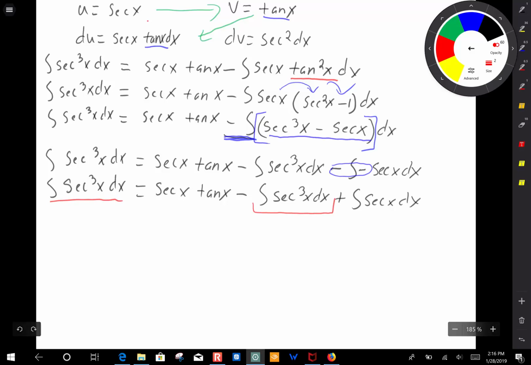So when this happens, when you have a repeat of what you're taking the integral of, you can stop the integration by parts, okay? Because I can just take this right here and add it over to the other side. So I can add this integral of secant cube x dx on both sides here, okay?